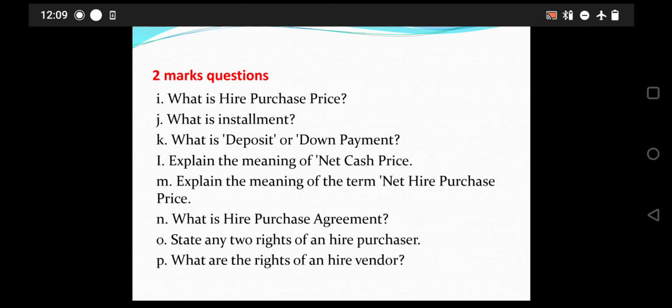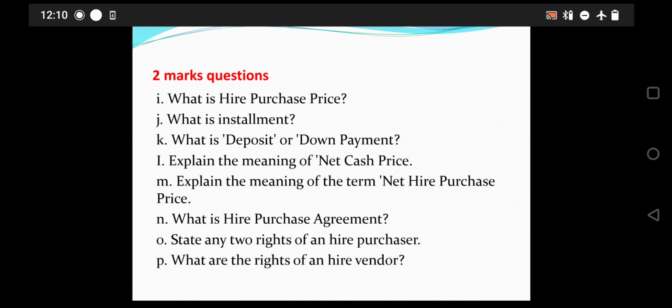According to section 2C of the Hire Purchase Act 1972, it is an agreement in which the goods are let on hire, and under which the hirer has an option to purchase them in accordance with the terms of the agreement, and includes an agreement under which the property or possession of the goods is delivered by the owner to another person on the condition that the amount can be paid in periodical installments.